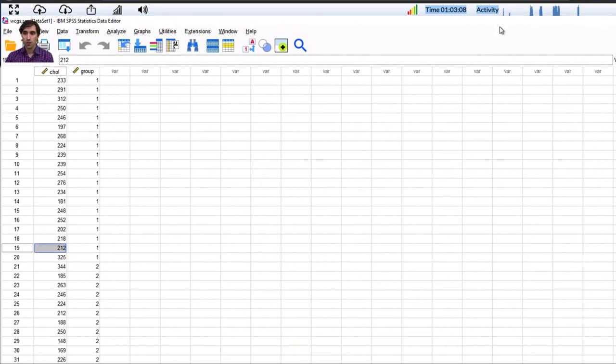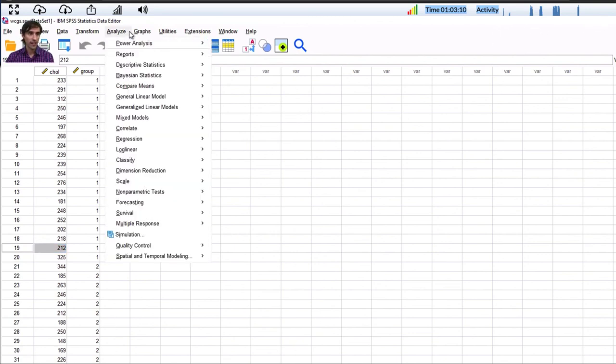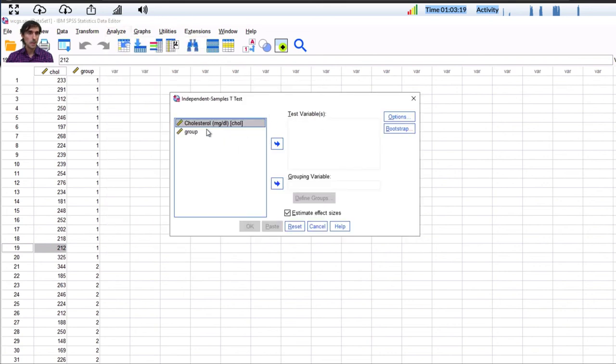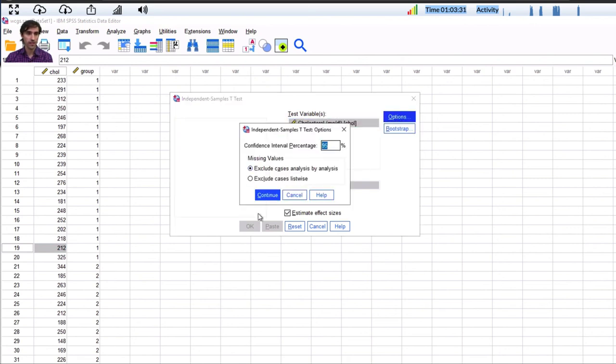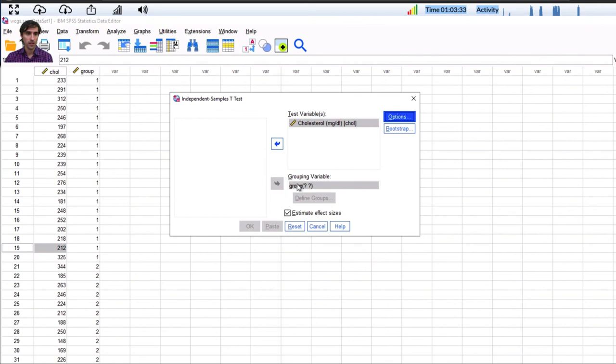Okay. So we are going to go to Analyze, then Compare Means, and here is our independent samples t-test. Let's put our group into our grouping variable, our independent variable, whereas our dependent variable we put into our test variables here. We have a 95% confidence interval.